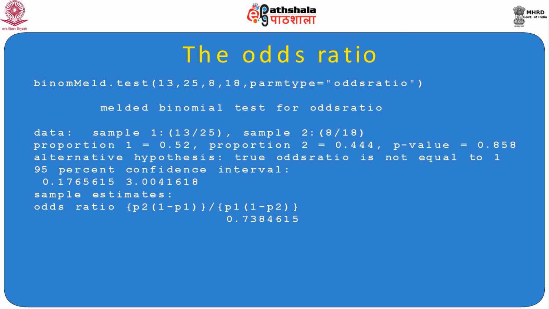The data is new here; earlier the same data set has not been used. Another contingency table is formed with 13, 25, 8 and 18 cell values. So this is another way we can get the odds ratio value, with the binomial test function.